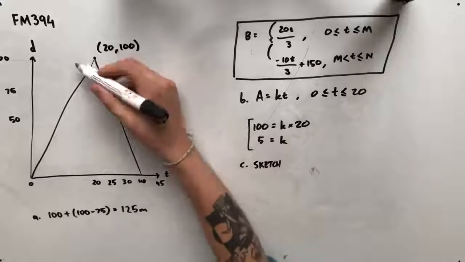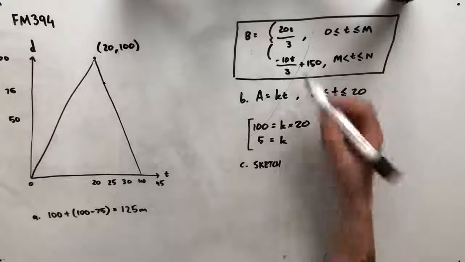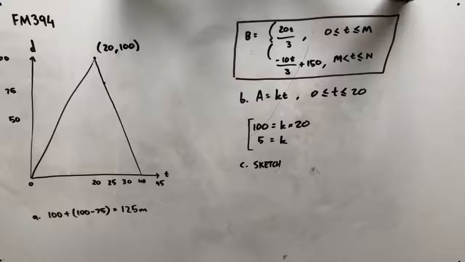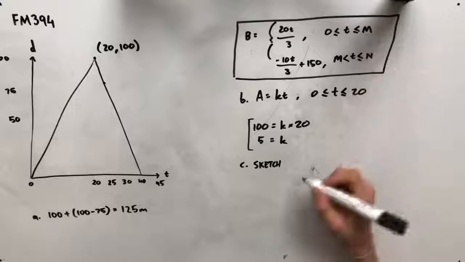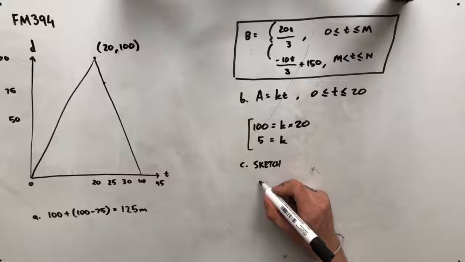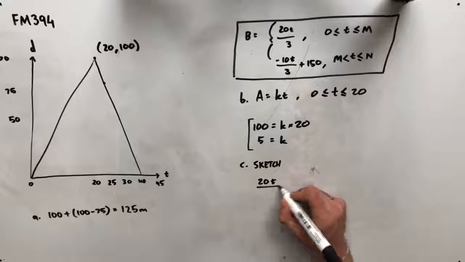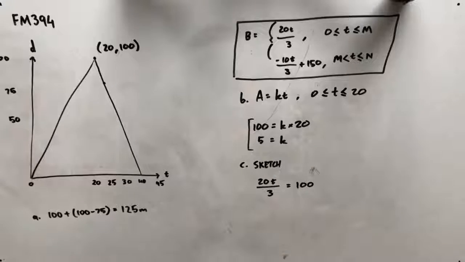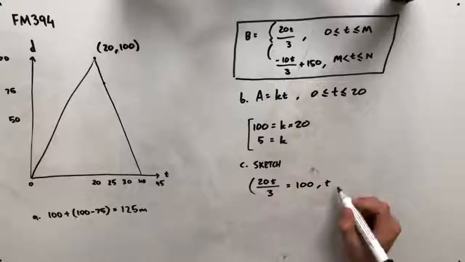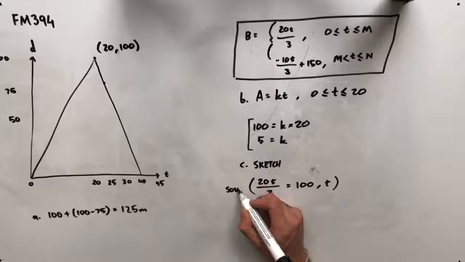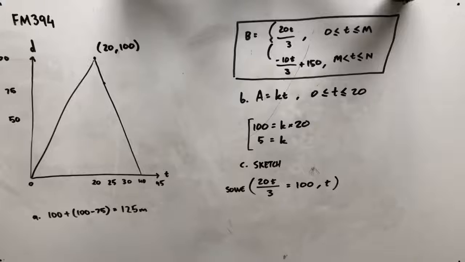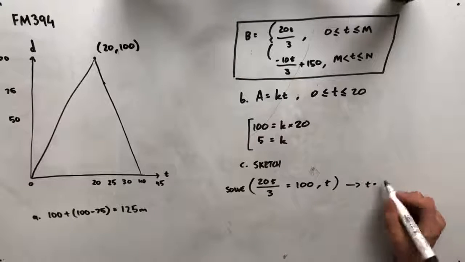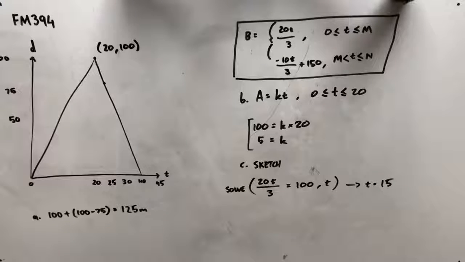What we do know is that the tree is 100 meters away, which means that we should be able to find this value of t if we substitute the value of b for 100. So if we say that 20 times t over 3 should be equal to 100 meters, and then we solve this for t, we should get t is equal to 15.